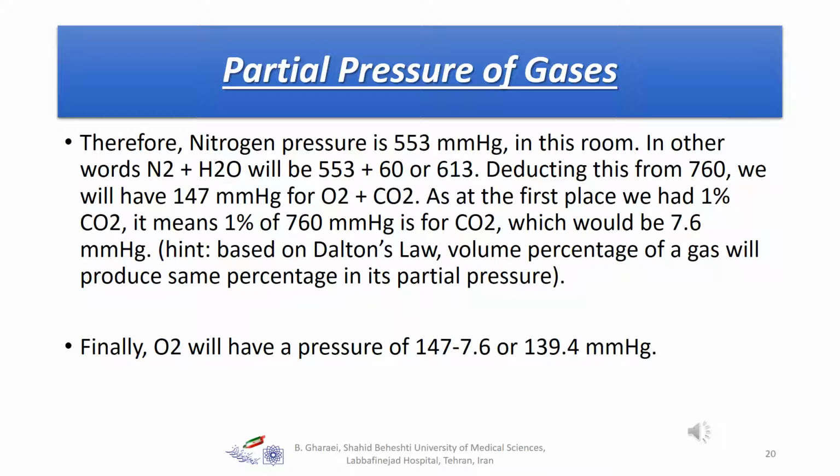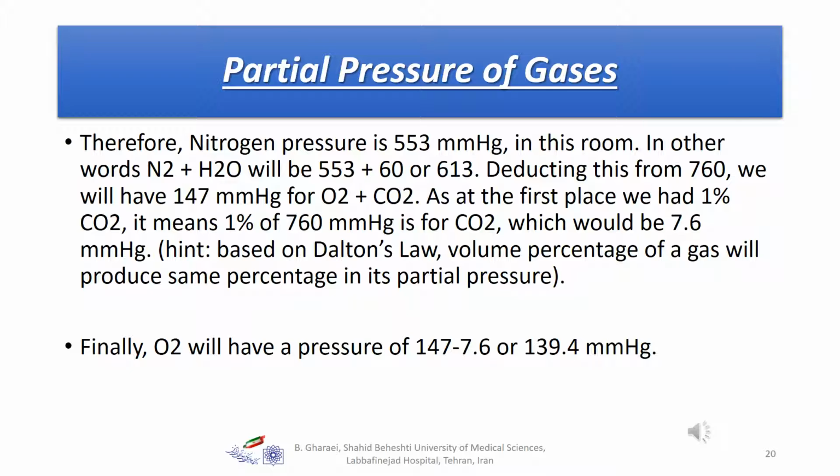In other words, nitrogen plus water moisture will be 553 plus 60 or 613. Deducting this from 760, we will have 147 millimeters of mercury for the sum of carbon dioxide and oxygen.